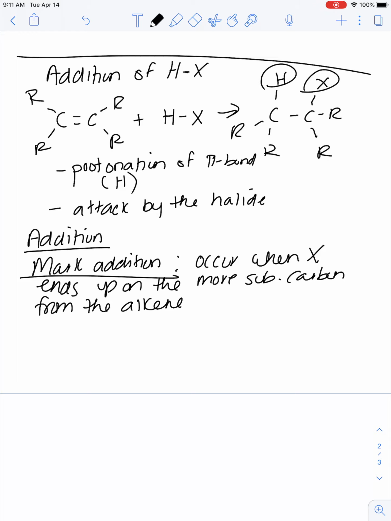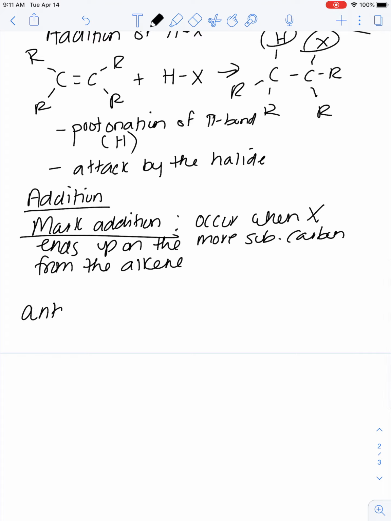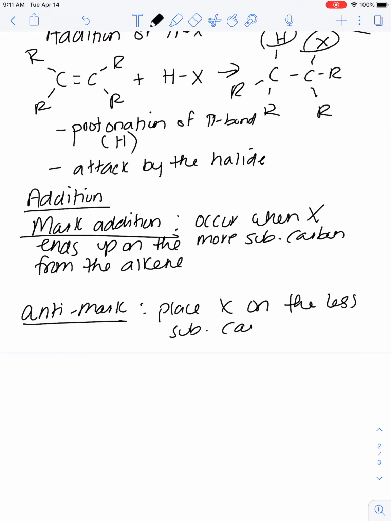If we look at the anti-Markovnikov, so anti-Mark addition, this is going to be completely opposite. So this is going to place X on the less substituted. So we're going to go through both of these, Markovnikov addition and anti-Markovnikov, in detail.